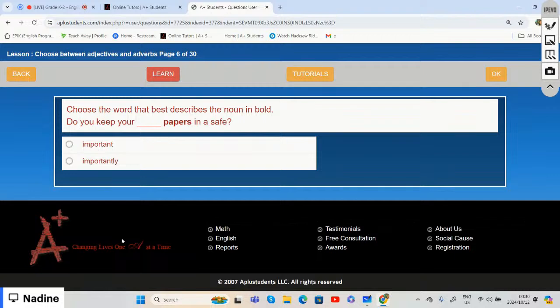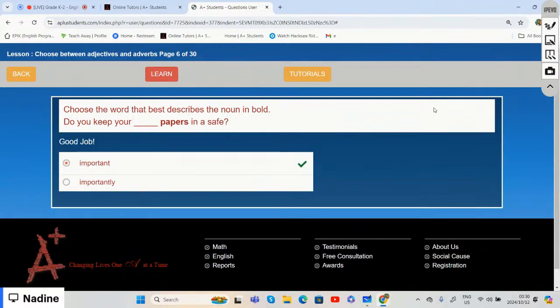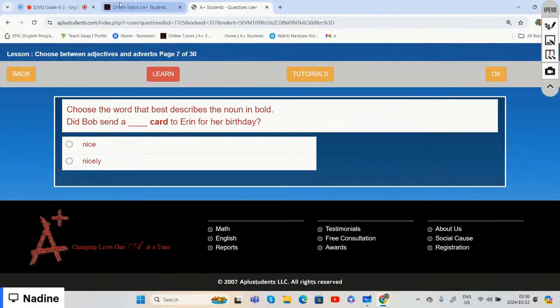All right, if we were to choose the correct one, then yes, we can say, do you keep your important papers in the safe? Well done. Option one is correct. Important.